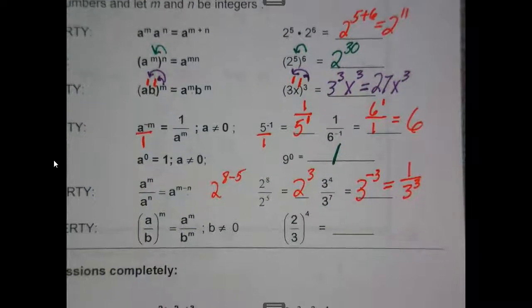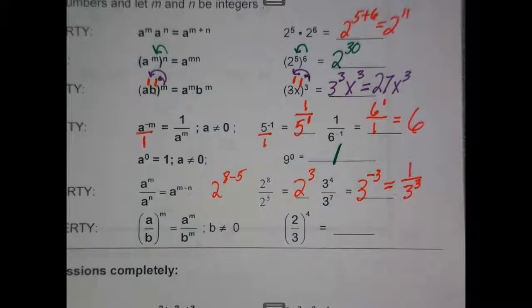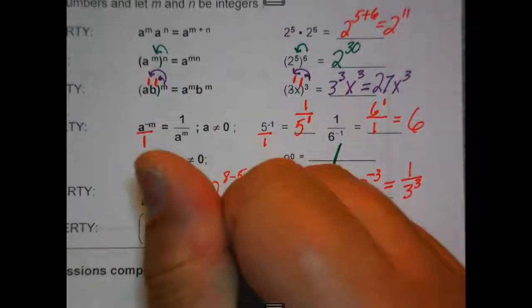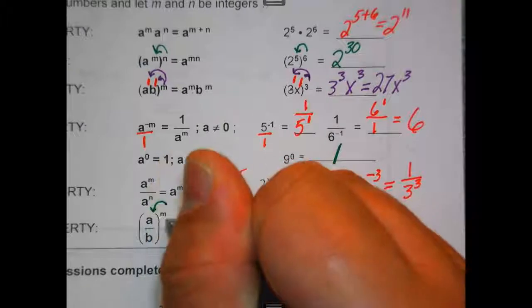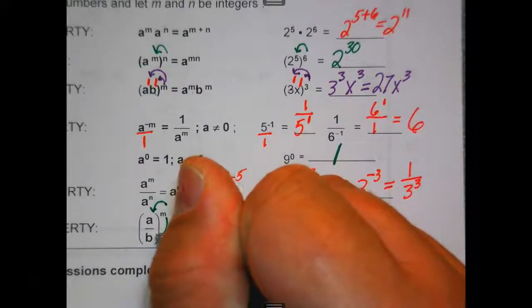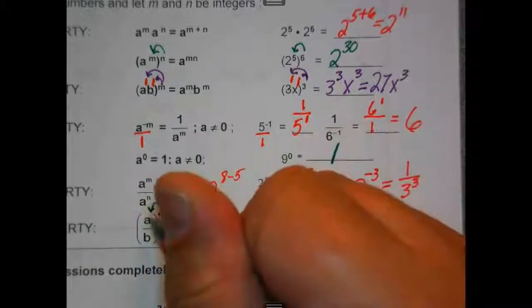And the last property, power of a quotient. If I have a fraction or division, a over b, with different bases, I have to distribute that. It's really not distributed, but I'm going to apply that exponent to each of the exponents of the fraction.